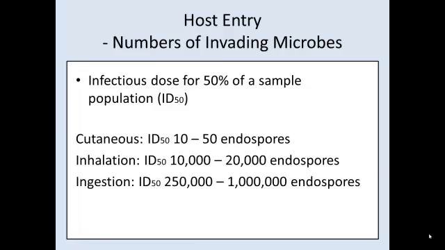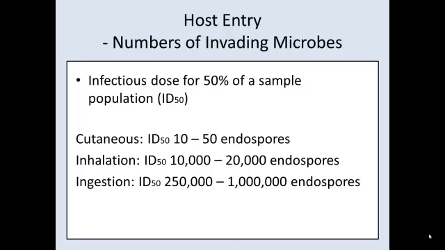The infectious dose for cutaneous anthrax is only 10 to 50 endospores. So if you had a fresh paper cut from opening up the letter, you didn't have to get as many endospores into the cut to cause cutaneous anthrax. With inhalation anthrax, or the type that leads to really bad pneumonia, you would need to get 10,000 to 20,000 endospores.